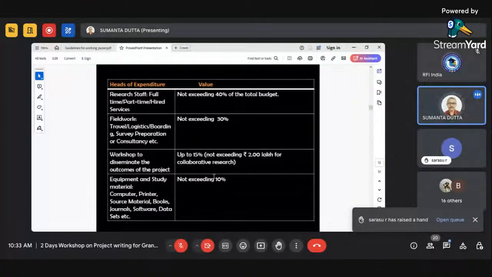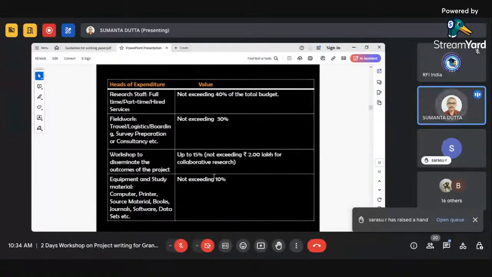You have to prepare a budget, and it must take care of the following. Suppose you have to appoint research staff, because without appointing part-time or full-time research staff or some other service agency, it is practically impossible to collect a data set of more than 500, or 2000 to 5000. A huge database collection becomes impracticable.